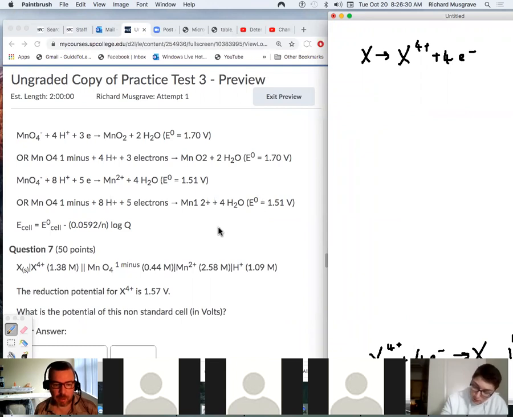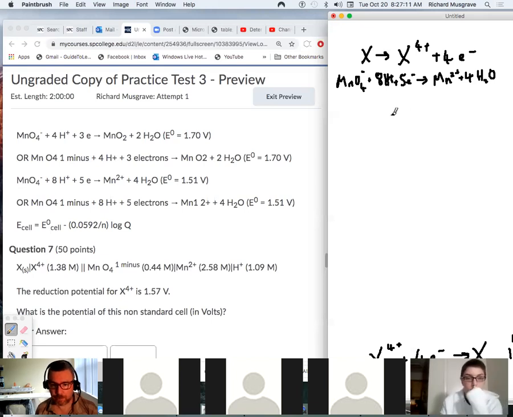So I pick out the one that matches what I've got, and it would be MnO4 minus plus 8H plus plus 5 electrons gives Mn2 plus plus 4H2O. You can assume that that's already balanced.